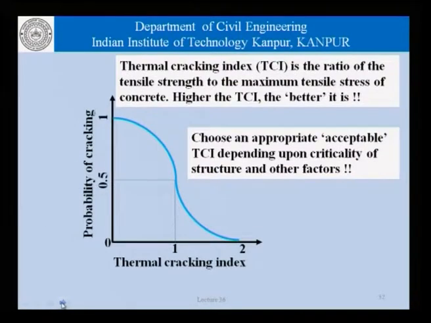So, this is all that we had done. We had talked in terms of a probability of cracking and a thermal cracking index. If the thermal cracking index is 1, that is, the peak stress that is developed and the strength developed are the same, then we really do not know. Sometimes it may crack, sometimes it may not, and therefore the probability of cracking has been given as 0.5.